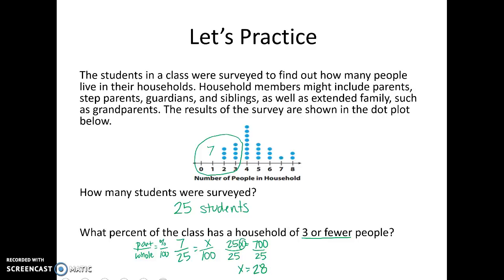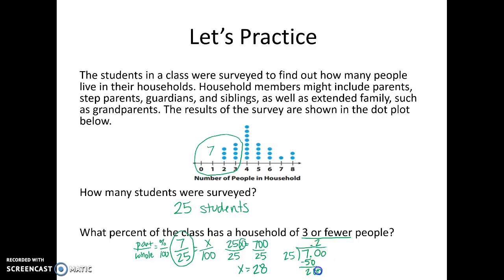Another way to solve it is to divide this original fraction or ratio. So I could do 7 divided by 25. And will we get the same answer? Yes, we should. So 25 does not go into 7, but it goes into 70 twice. 70 minus 50 is 20.